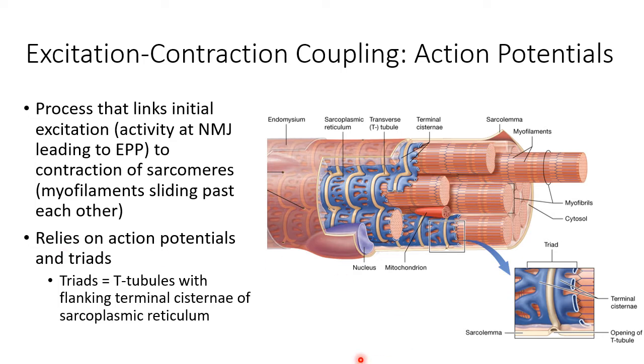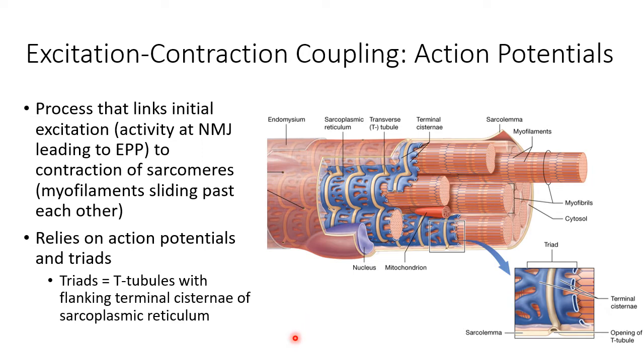Excitation-contraction coupling basically involves an action potential spreading across the entire sarcolemma of the muscle cell. So it would start at the neuromuscular junction, at the edges of the motor end plate, and it'll spread in all directions across the entire sarcolemma.